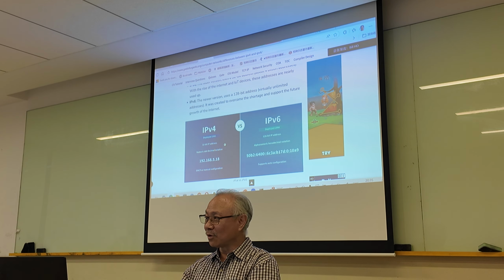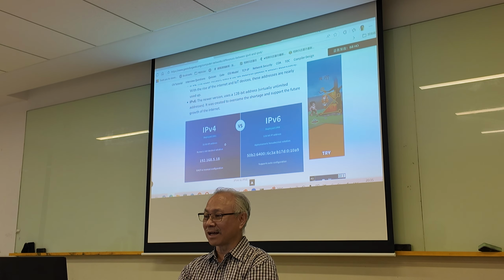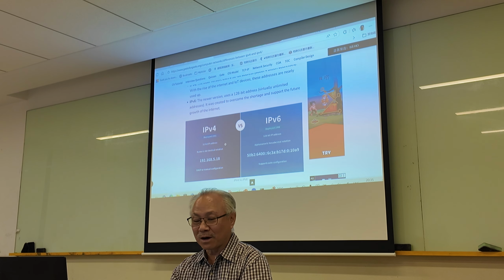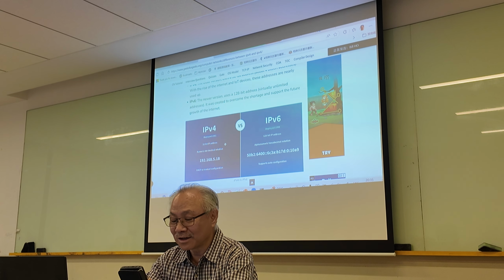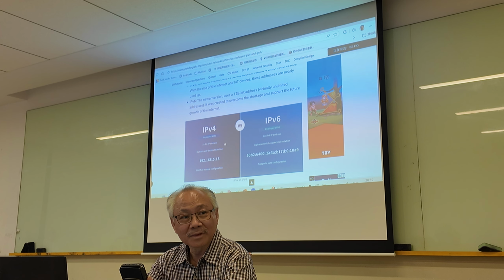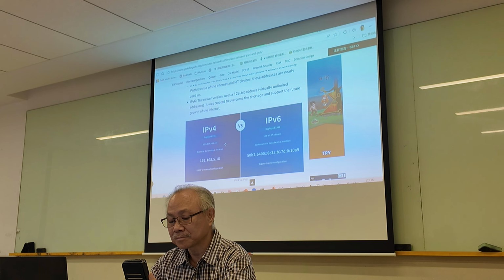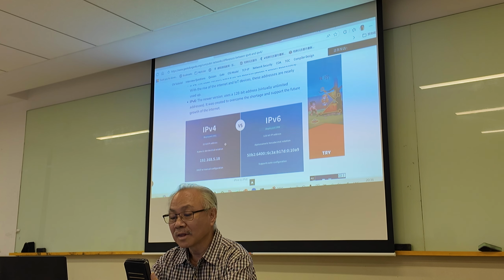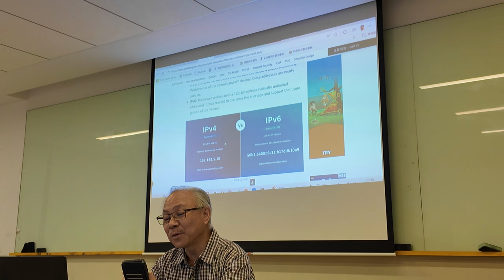But it's a lot. They found that 2 to the power of 128, what is the number? Very big lah. 2 to the power of 128 is 3.4 times 10 to the power of 38.